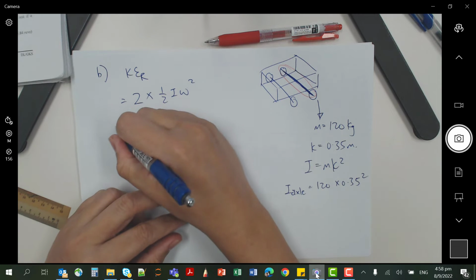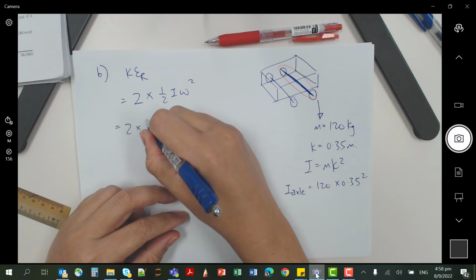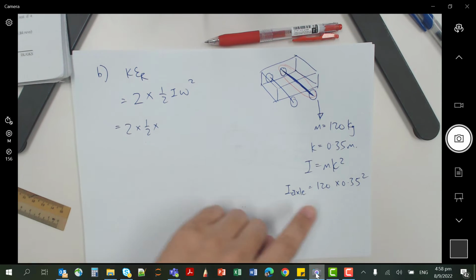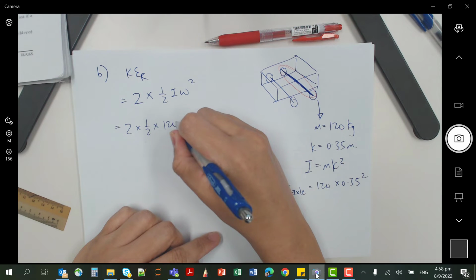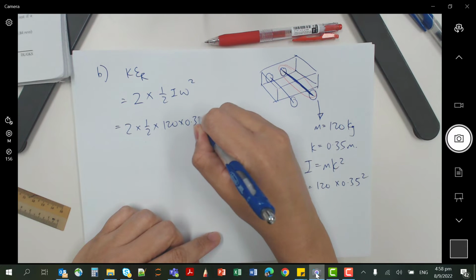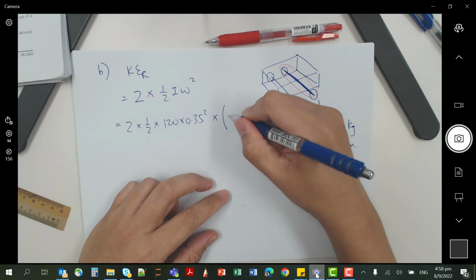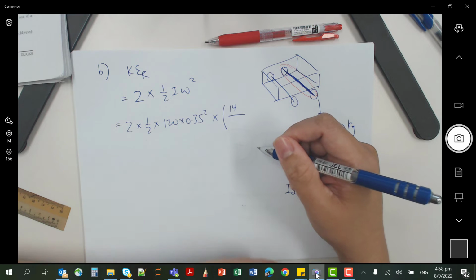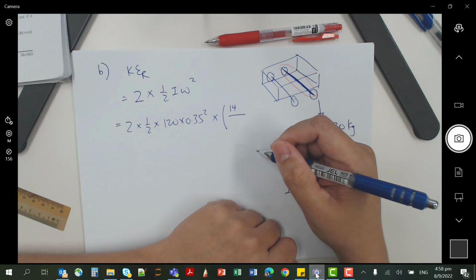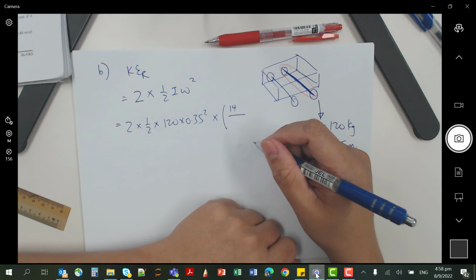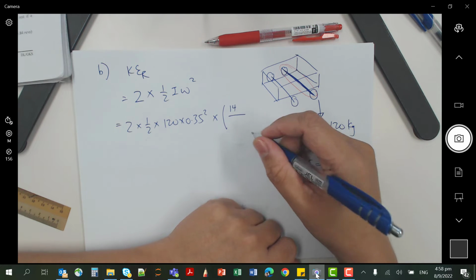So we're going to write it all out. Times half I, which would be 0.35 squared, times omega, which is V over R. V is 14. The radius of the wheel: the diameter is 800 mm, so the radius will be 400 mm.